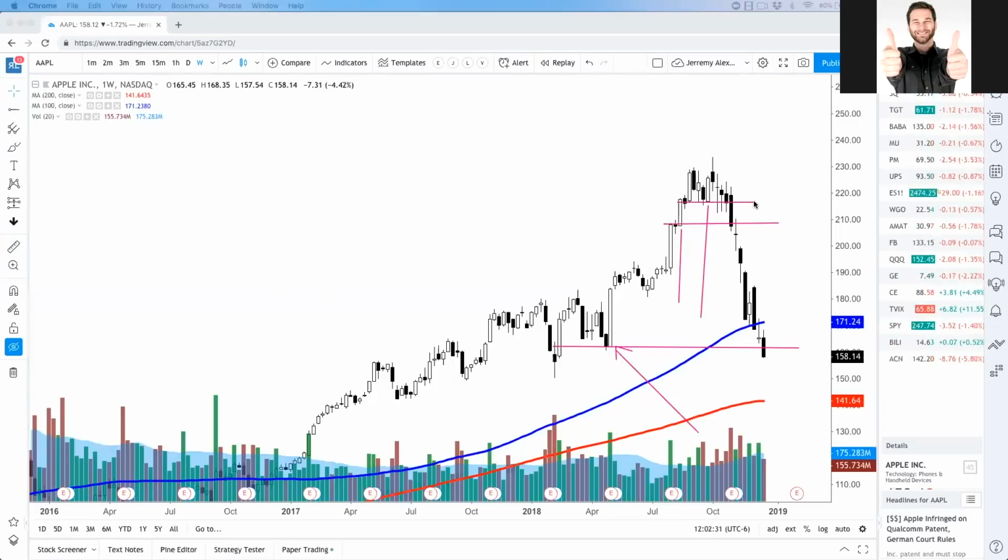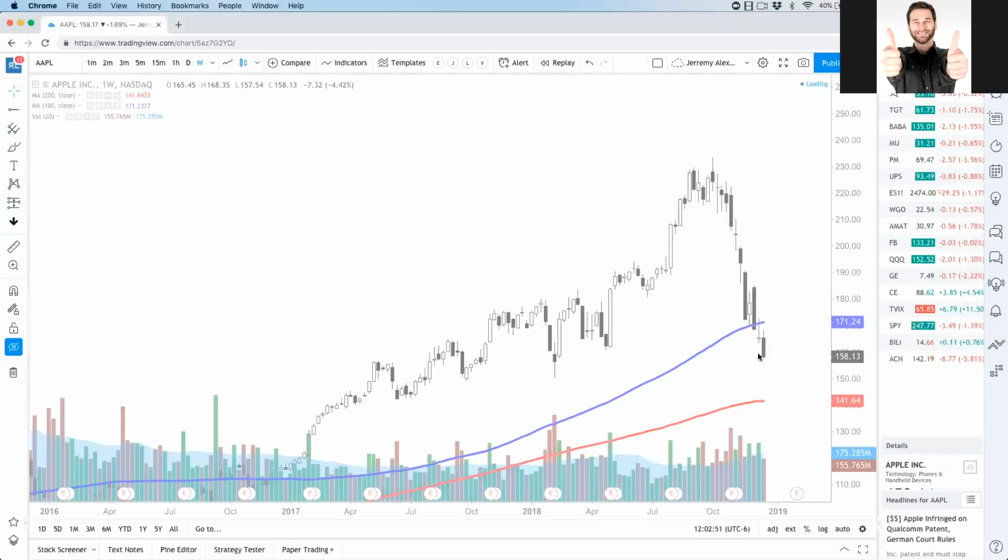And the answer is yes. That's a very strong sign because, again, you have really, really wonderful support levels, and the warning sign really happened when you took out this candle, and then when you took out this candle, I mean, that was it. You knew you were going to come down to the 100 simple on the weekly and potentially roll down.